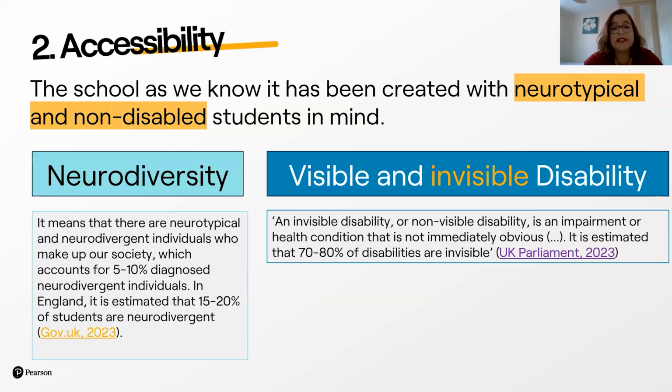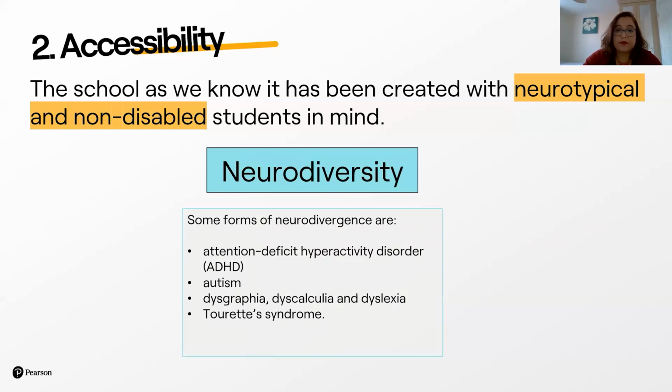It is estimated that 70 to 80% of disabilities are invisible, and that includes having a lot of pain, or having hearing issues that are not visible to the eye, but also sometimes they are not diagnosed or not communicated to the teacher. So when we think about accessibility, these two concepts are central: neurodiversity and disability.